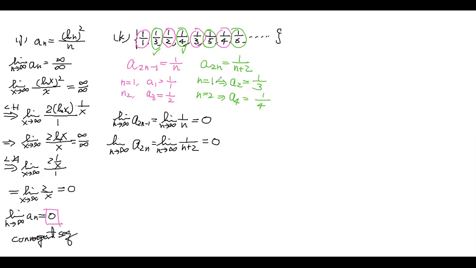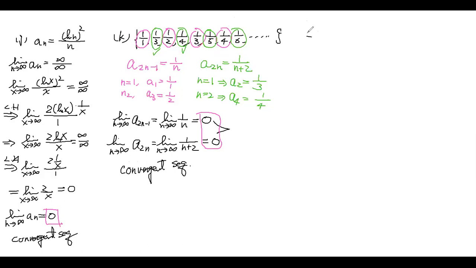So even though this sequence is the combination of two different sequences, they approach the same thing. So this is a convergent sequence, right? What value do they converge to? They converge to zero. This is a very interesting one, so you need to be able to identify the patterns here.